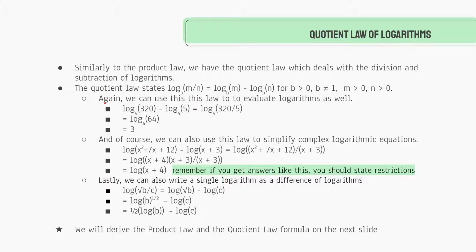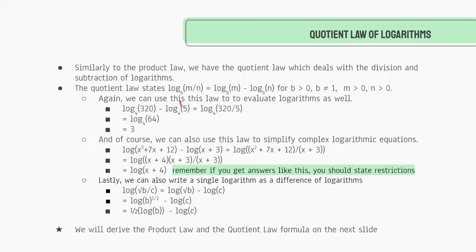So similarly to the product law, we can now use the quotient law to perform the same functions. Before we used the product law to evaluate logarithms, so we could use the quotient law to evaluate logarithms. If we were given an equation like this, we know when we're subtracting two logarithms, we're simply dividing the two numbers in the brackets.